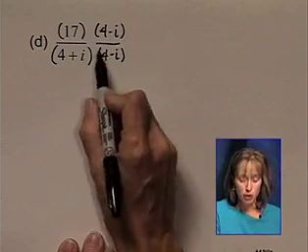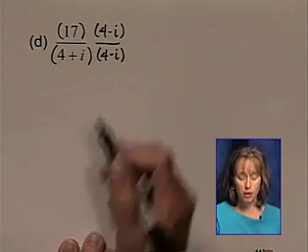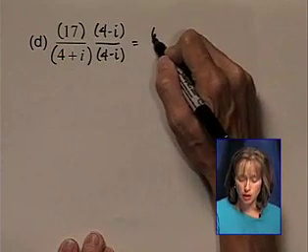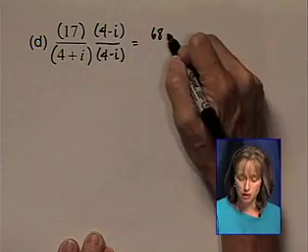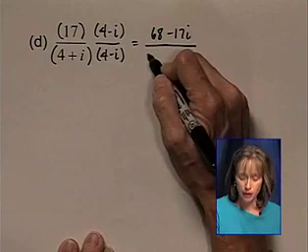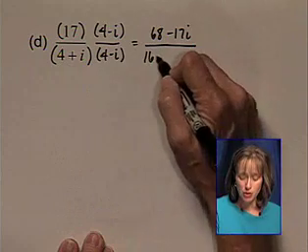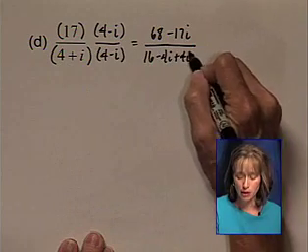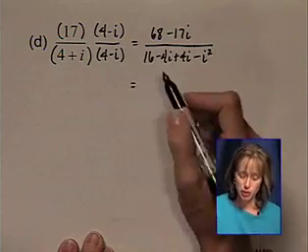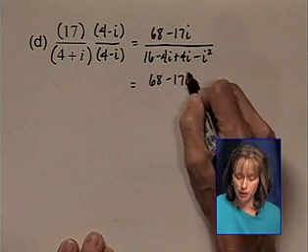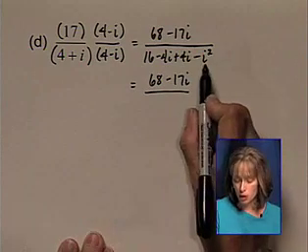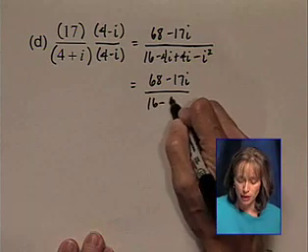So multiplying numerator and denominator by the conjugate of the denominator. Using the distributive property in the numerator, 17 times 4 is 68. 17 times minus i is negative 17i. Multiplying out the denominator, I have 16 minus 4i plus 4i, and then I'll have minus i squared. Continuing, mostly simplifying the denominator, the i to the first terms add to 0, and I can replace i squared with negative 1.